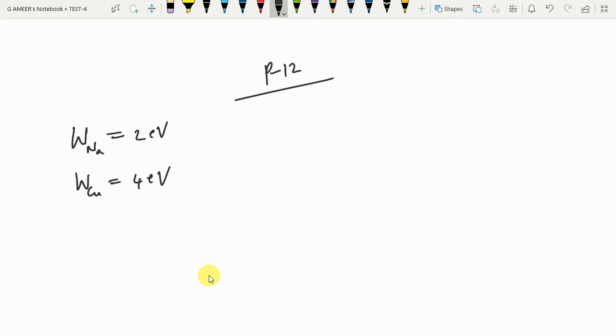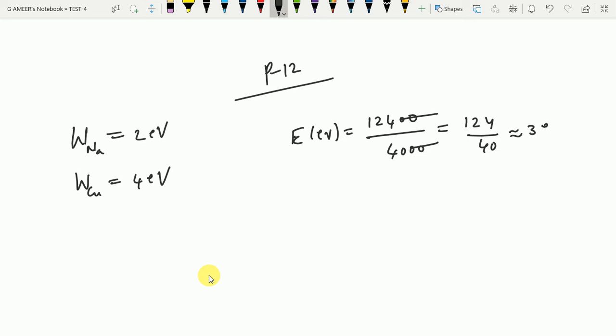Now the incident energy in electron volts is hc by lambda, so 12400 divided by lambda in angstroms, that is 4000 angstroms. The two zeros cancel, then it's 124 divided by 40. Approximately 4 threes are 12, so approximately 3 electron volts will come. The sodium threshold is 2 electron volts.